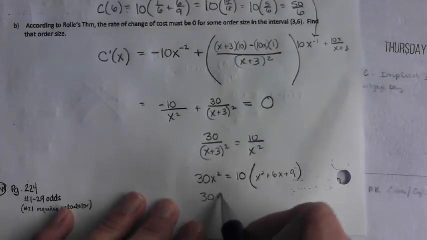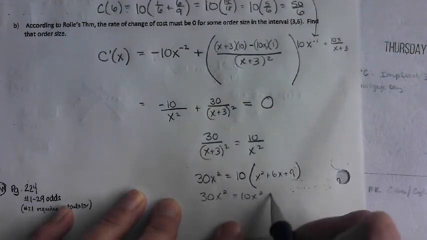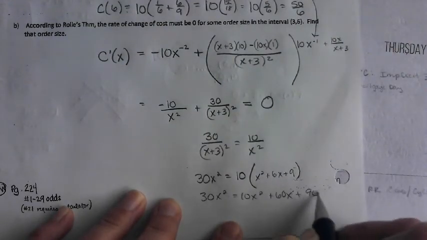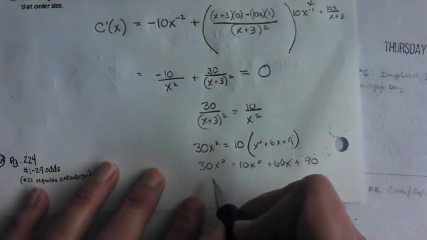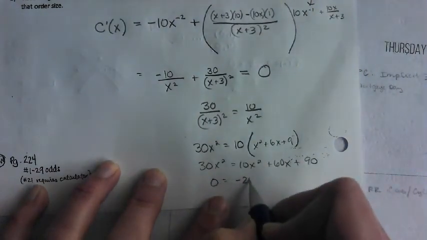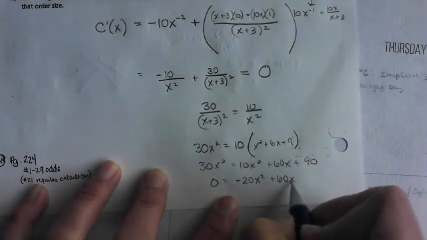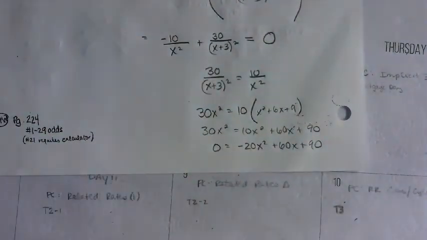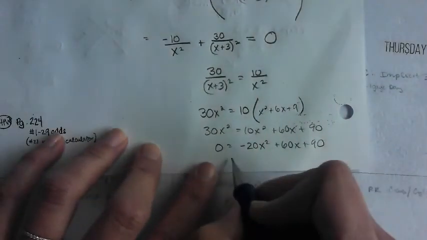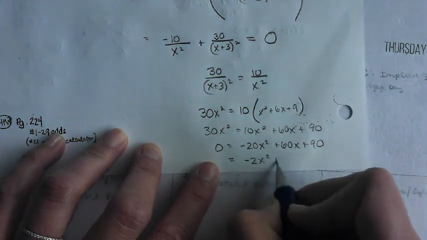So 30x squared equals 10x squared plus 60x plus 90. Subtract my 30x squared over. Negative 20x squared plus 60x plus 90. Divide out a 10. This is fun, isn't it?